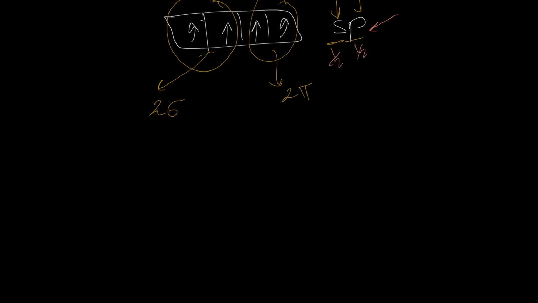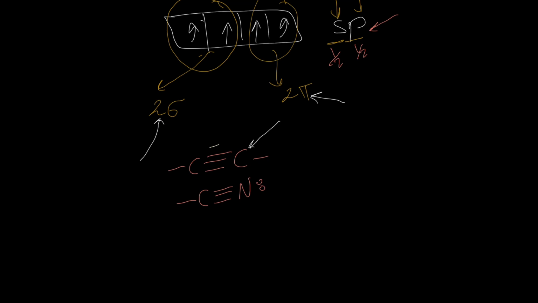Let's take an example of a carbon-carbon triple bond, or a carbon-nitrogen triple bond. If I ask you about the hybridization of this atom, in a triple bond we have 2 unhybridized orbitals, which means we have 2 pi and 2 sigma.